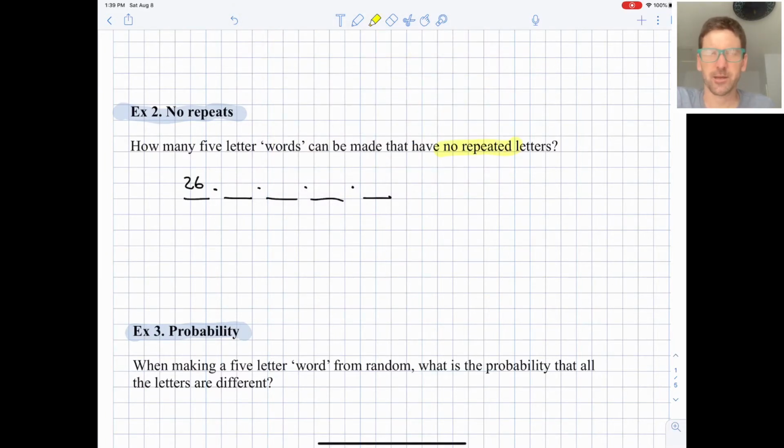So it doesn't matter what letter I put in. Maybe I put in a Q. That would mean that there are only 25 letters remaining. And then 24, 23, and 22. Okay? So we can do that multiplication, but we're counting down because we're further and further restricting the number of options available once we use some letters in our word.